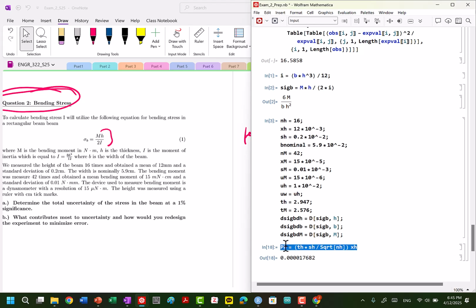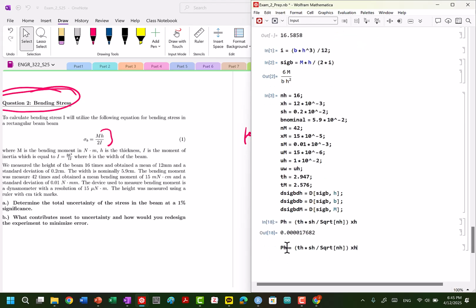Then I'm going to have the same thing for M: t_M times the standard deviation of M divided by the square root of n_M, divided by x_M. Ooh, so there are some significant issues there.